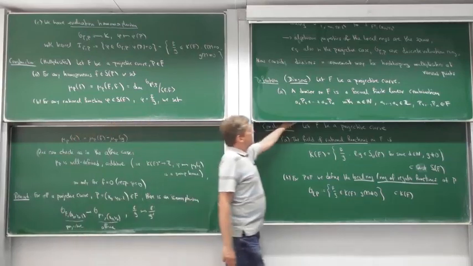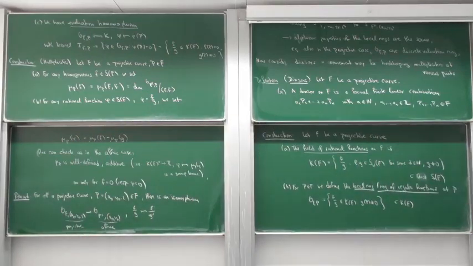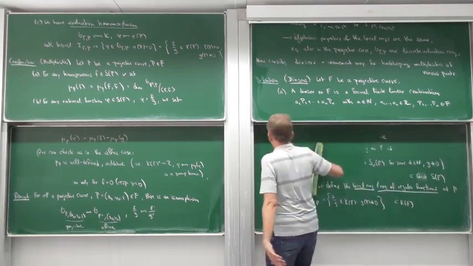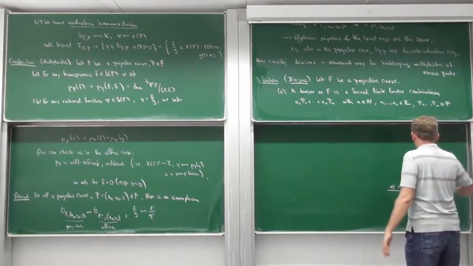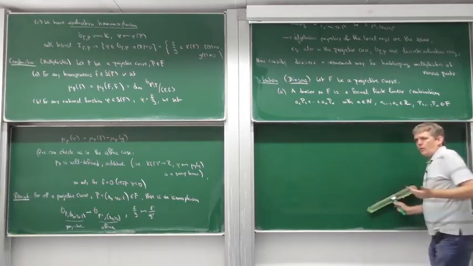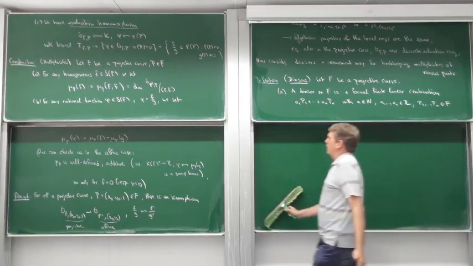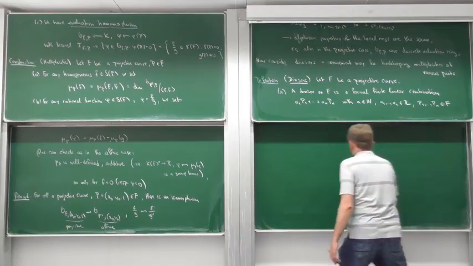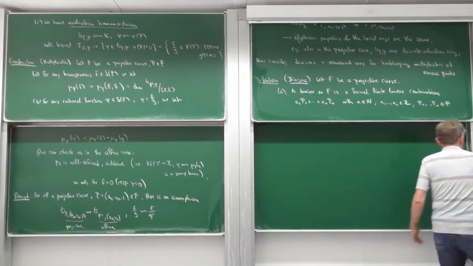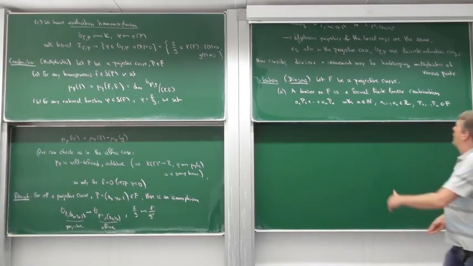Another way of saying that, in case you know it, is the free abelian group on the points of the curve. If not, then just note that these objects obviously form a group under formal addition. This group will be called the group of divisors, and we'll write this as div F.